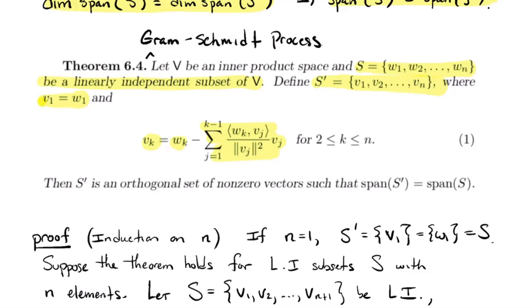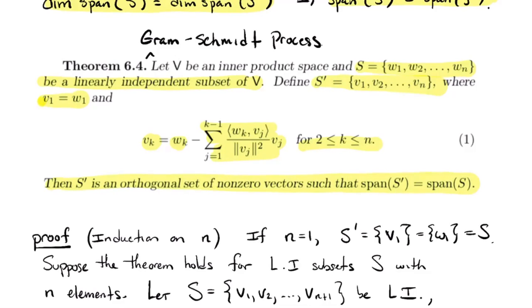So you do that for k between 2 and n. Then the result is that S prime is an orthogonal set of non-zero vectors with the same span. Okay, so this is a way of taking a linearly independent set and producing an orthogonal set of the same size that has the same span.